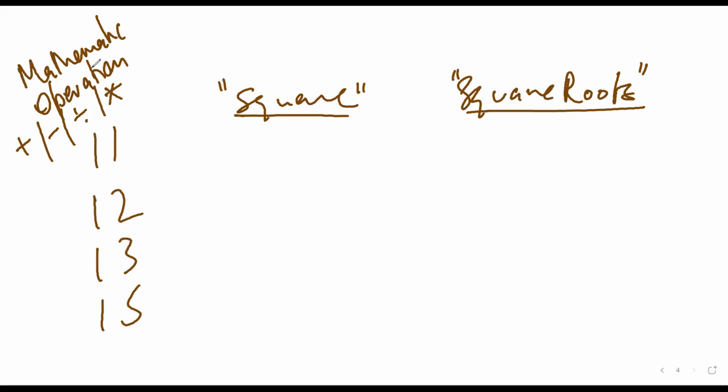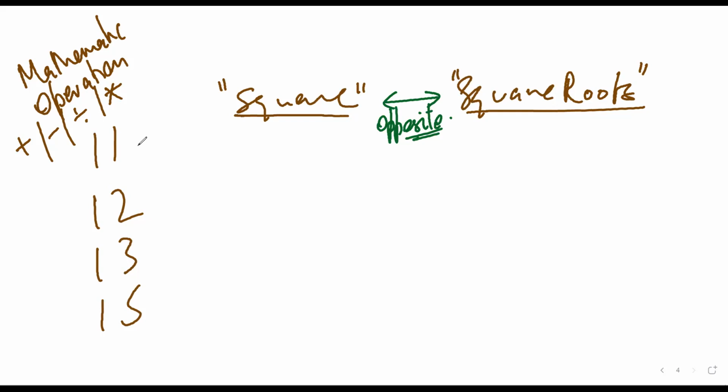These are the mathematical operations that we have. Now, these are a few other mathematical operations. One operation is called square, the other is called square root. Basically, these two operations are opposite of each other. Mr. Sarthak, any doubt? No, sir.